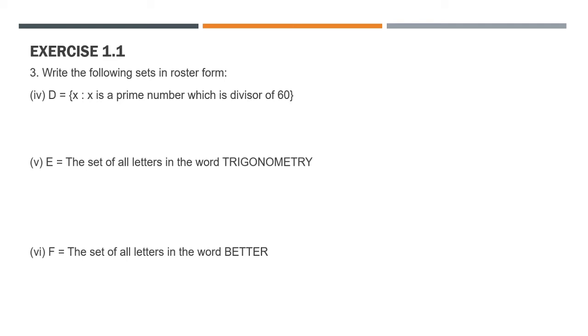The various prime numbers that divide 60 are 2, 3, 4 is not a prime number, then 5, then 6, 7 all 7 does not divide 60. So, the answer is 2, 3 and 5.